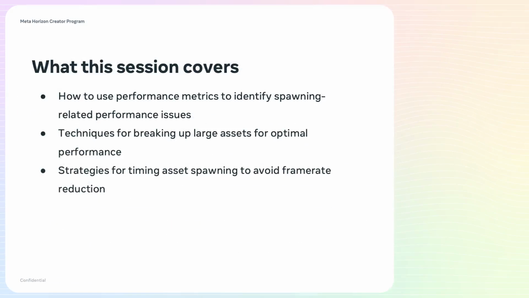So, what this session covers is how to use performance metrics to identify spawning related performance issues. So if you are building a world where you have spawning and you're noticing that the frame rates are dropping, either if you're doing it in VR, you're feeling like the game kind of freezes for a little while, or you might see it on mobile or web.